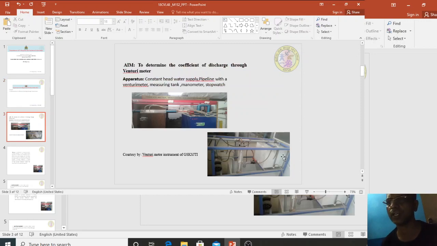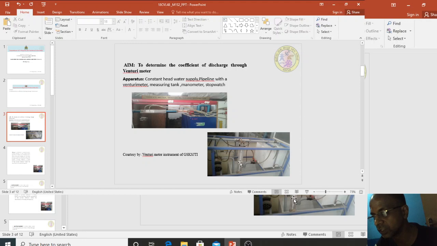The apparatus are a constant water supply, a pipeline with a Venturi meter, a measuring tank, a manometer, a stopwatch, etc. So this is the constant head of water supply. From here it will reach here, and this is the measuring tank for one operator. Another operator, this is the measuring point, whereas the constant head is from the overhead tank.